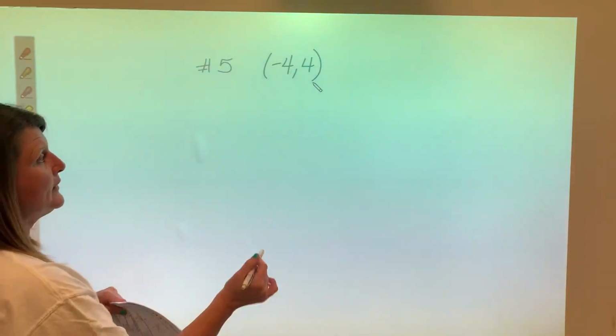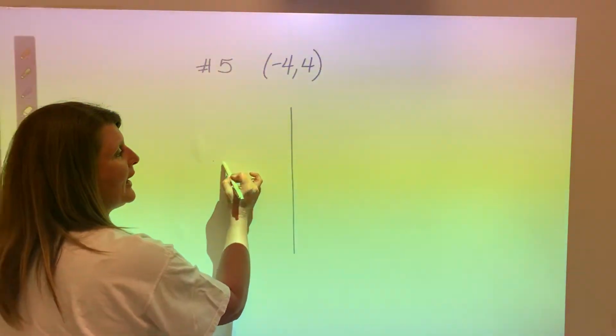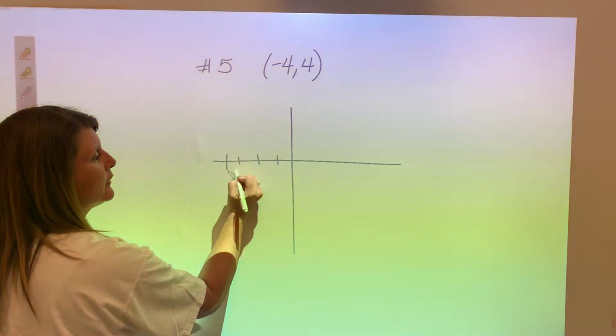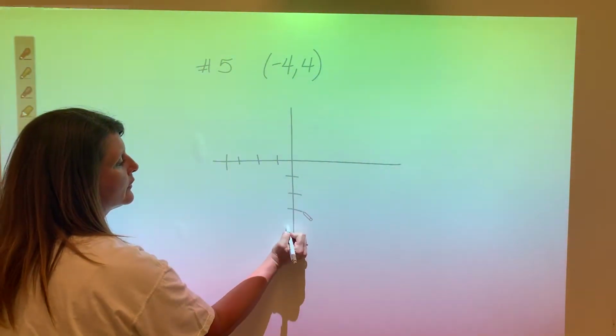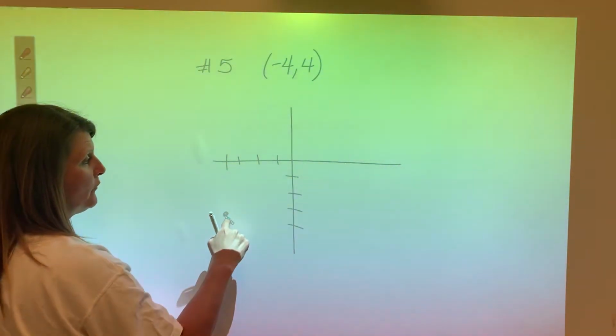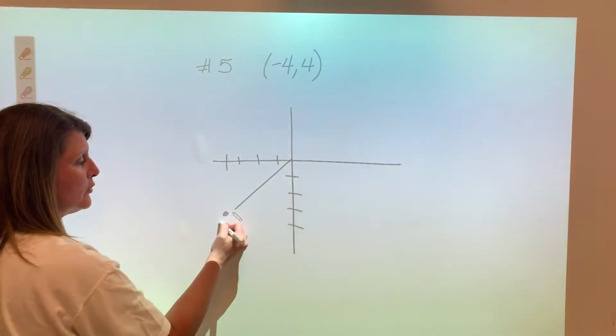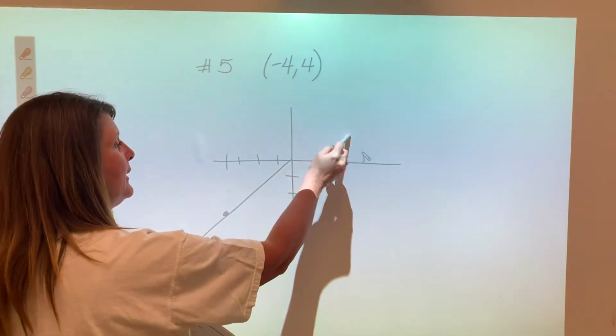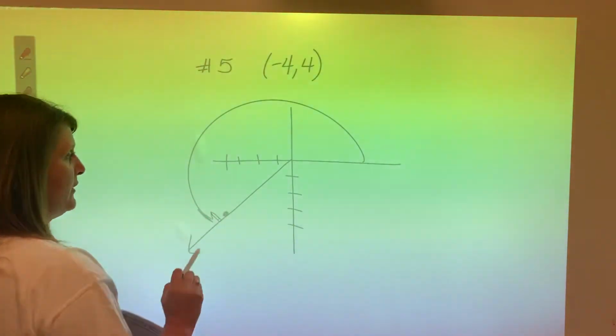And here's what this means. If I were to draw the point negative 4, 4, I'm going to be this dot right here, negative 4, 4. Here is the terminal side of my angle that goes through this point. So what I'm really talking about is an angle like all the way over here.